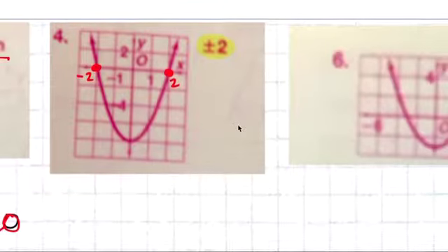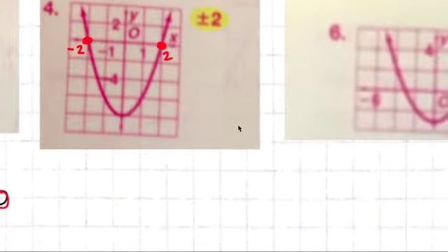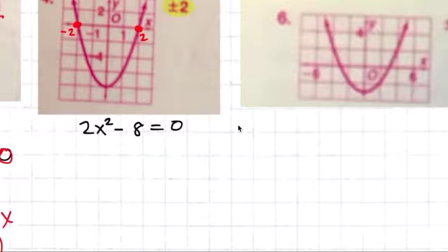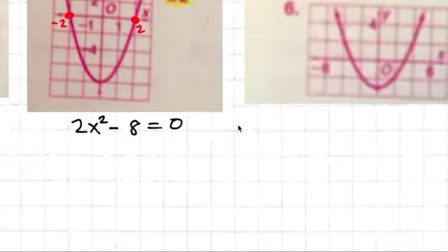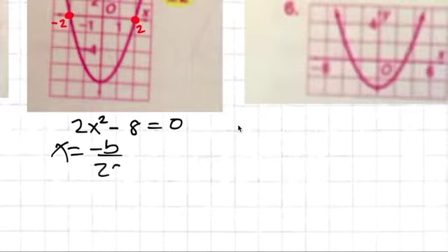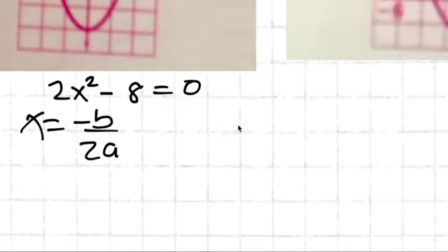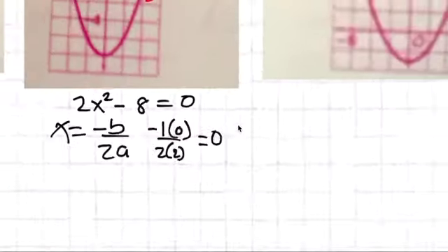So first the equation is 2x squared minus 8 equals 0. Okay, so axis of symmetry, x equals negative b over 2a. Okay, and there's no b, so negative 1 times 0 divided by 2 times 2. No matter what, it is 0, right?